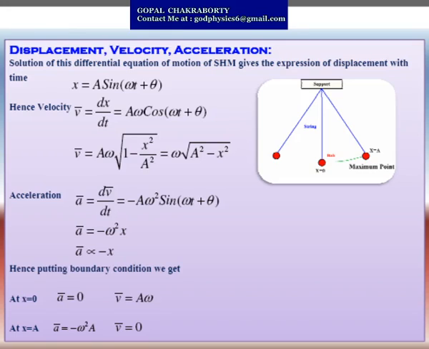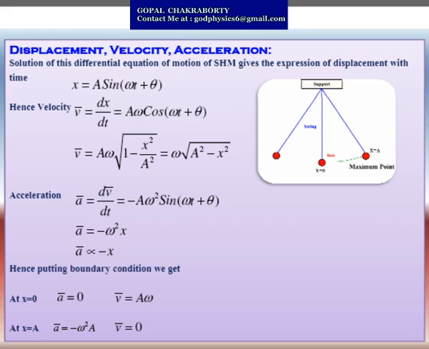So v equals dx/dt and a equals dv/dt. As x equals a sin(omega t plus theta), velocity v will be a omega cos(omega t plus theta). From the first equation, you can write x by a is sin(omega t plus theta).